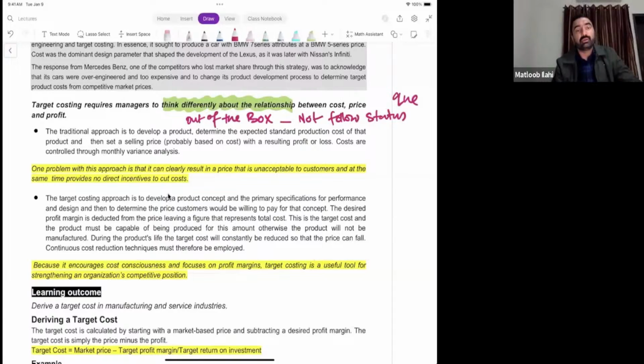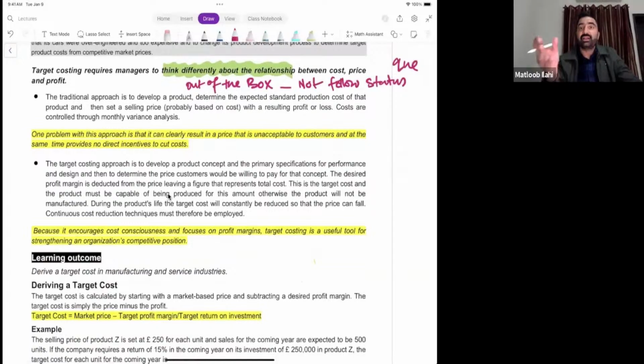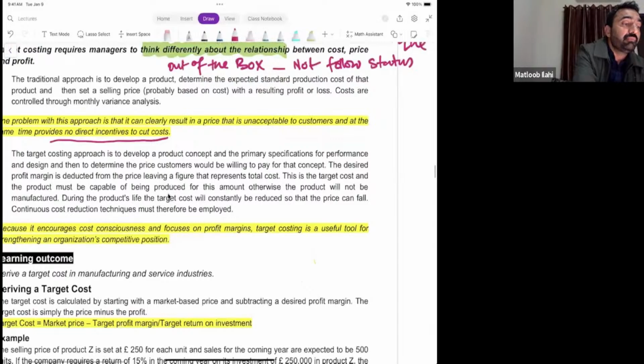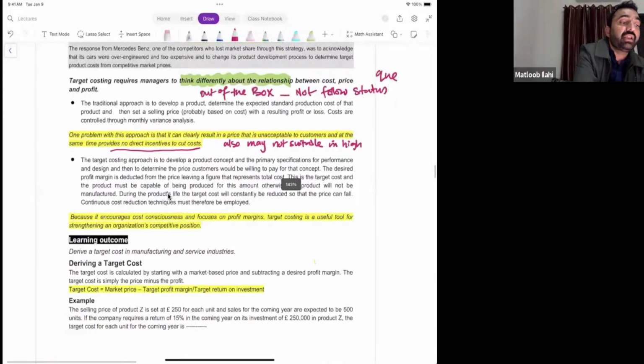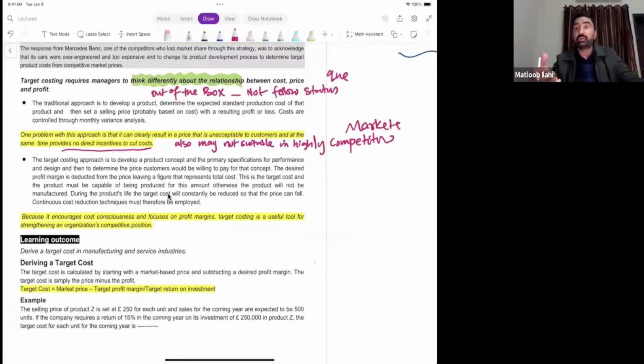But one problem with this approach is that it can clearly result in a price that is unacceptable to customers, and at the same time provide no direct incentive to cut cost, and also may not be suitable in highly competitive markets. So in order to compete where a lot of competitors are, you need to look at the cost in a different way.